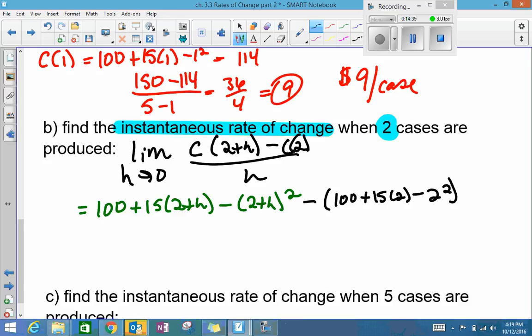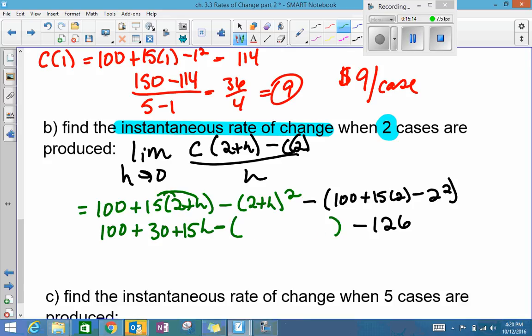So if we continue to simplify that, let's first look at just c of 2. So we have 100 plus 30 minus 4. So this becomes 126. So hopefully all of you guys agree with that. Now if we simplify this equation, we get 100 plus, distributing the 15, 30 plus 15h, and then minus 2 plus h squared.